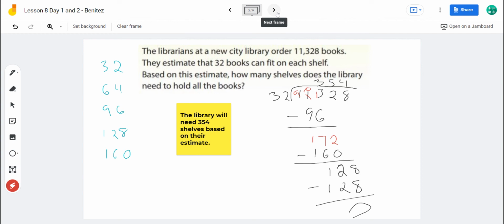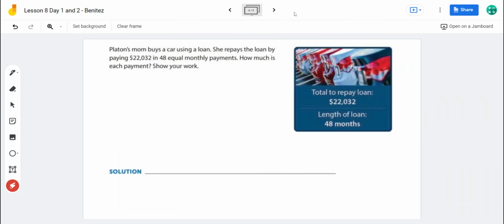All right, we're going to move on to number 4. Clayton's mom buys a car using a loan. She repays the loan by paying $22,032 in 48 monthly payments.